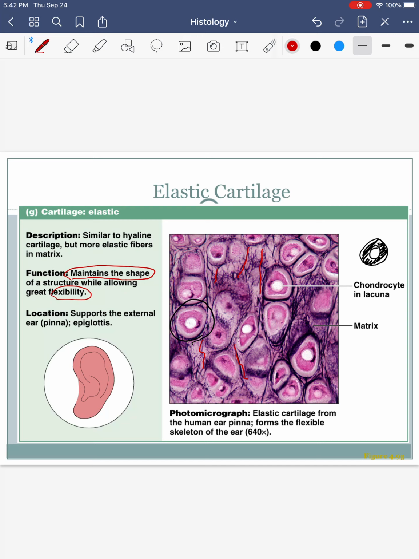And the best example of this is our outer ear. So we don't really get much strength from this type of cartilage. It's more about maintaining shape. If you've ever wondered why on earth we have that cartilage on the outside of our ear, it's to help funnel sound waves into the hole there. But that is all about maintaining shape.